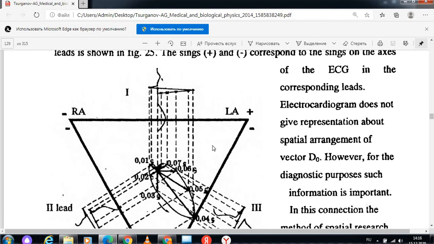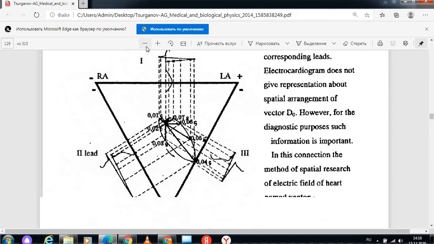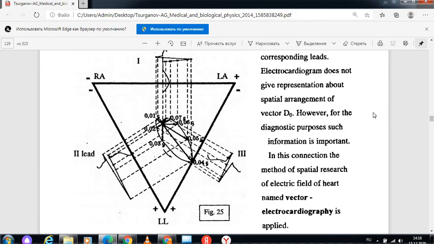The electrocardiogram does not give a representation of the spatial arrangement of the vector D0. However, for diagnostic purposes, such information is very important.